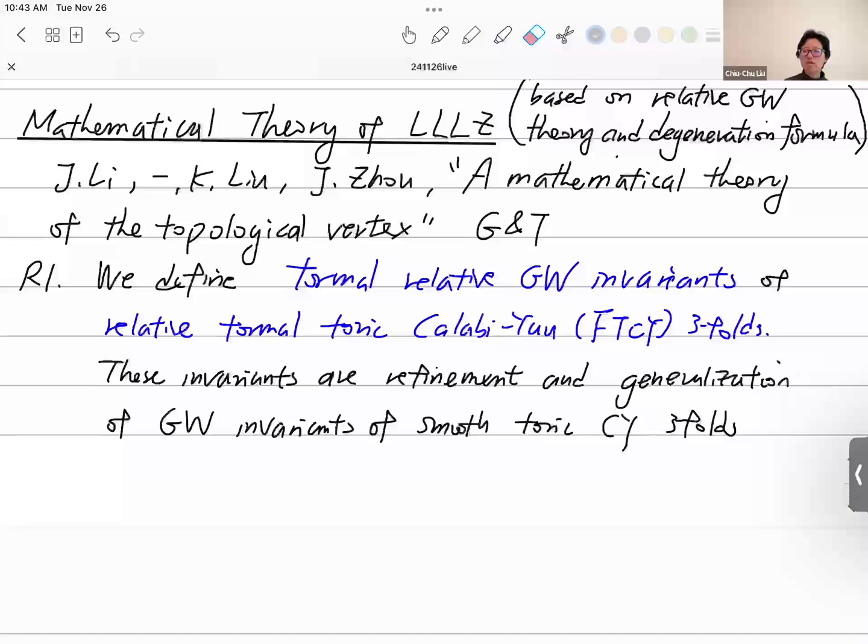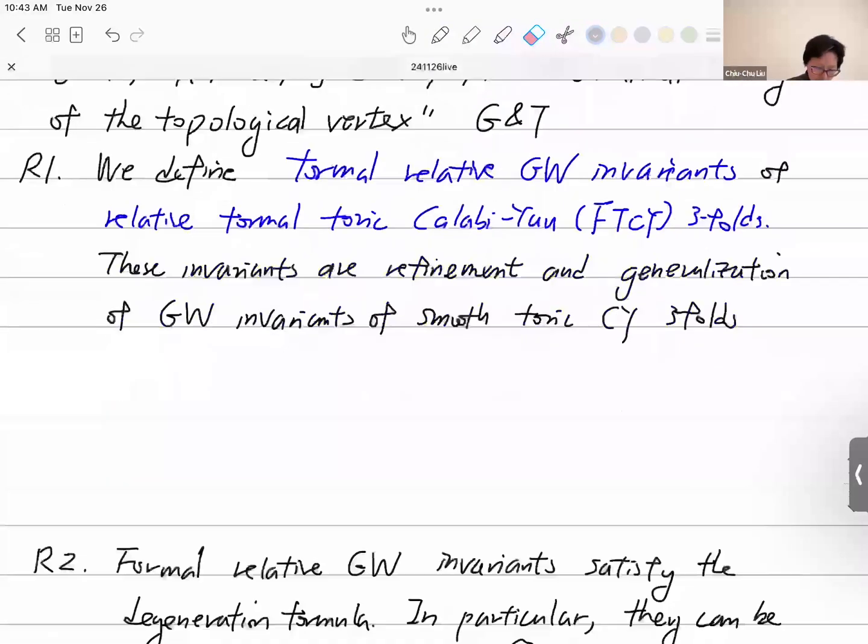So let me first give you a summary. We define formal relative Gromov-Witten invariance of relative formal toric Calabi-Yau threefolds. These invariants are refinements and generalizations of Gromov-Witten invariance of smooth toric Calabi-Yau threefolds.